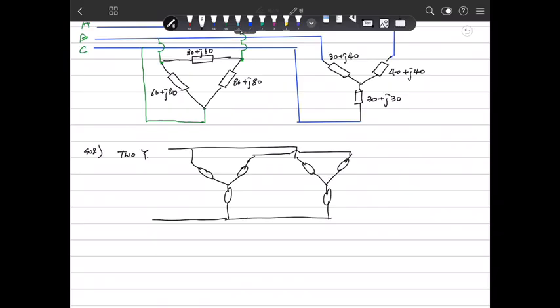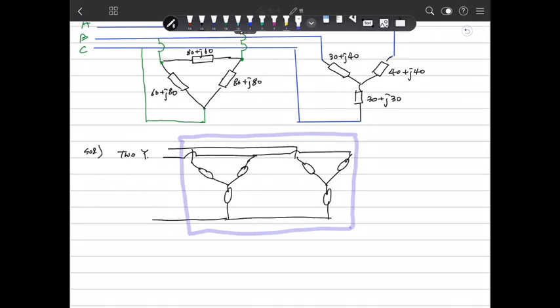Then how can we combine the two Y connections? If it's the same thing as that, if from here we make this the same as one Y, then we need to make this as one Y.